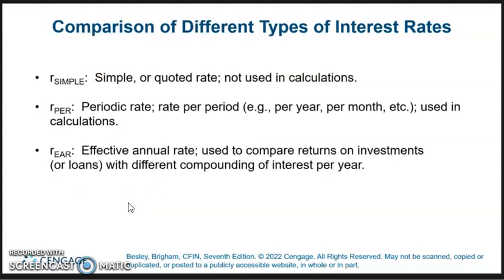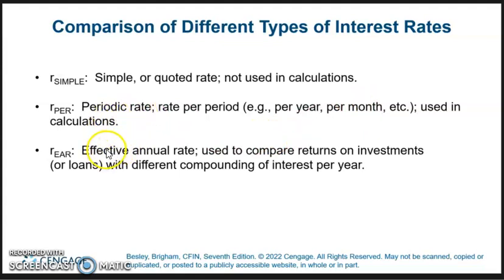So ignore R simple, but the periodic rate is what we just calculated on the calculator. Our 10 divided by 12, that's our monthly rate. That's our periodic rate, or rate per period, in this case monthly. It's what we use in calculation.